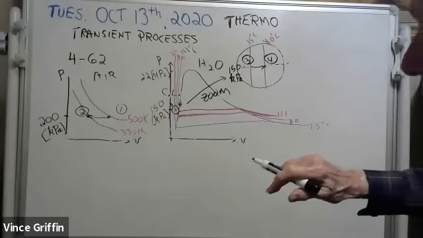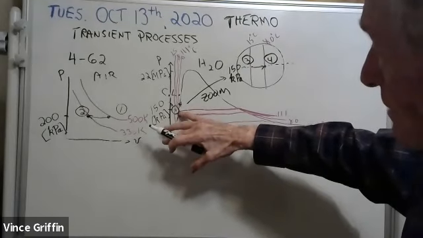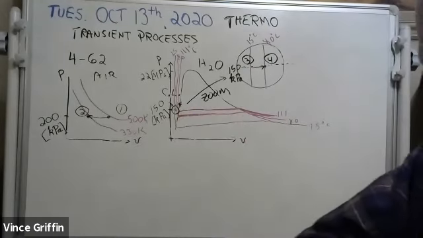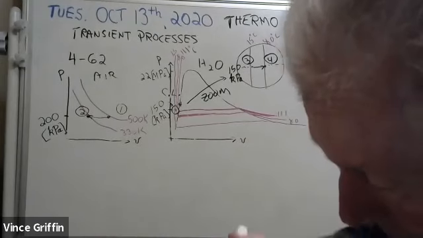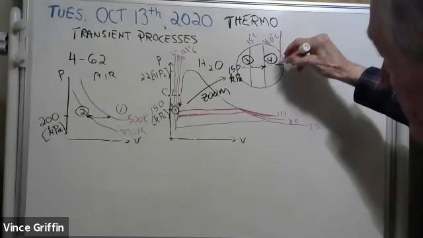Because you don't enter the vapor dome till you get to 111. Tell me your name, please. This is Taylor. Now there is 111, Taylor.